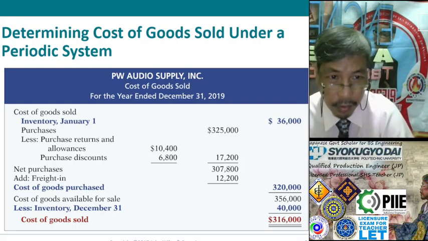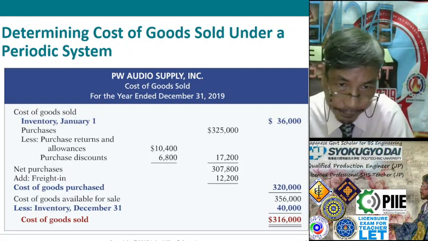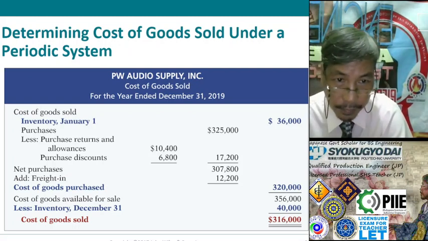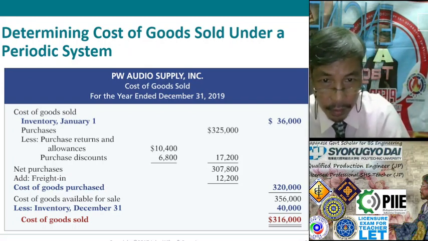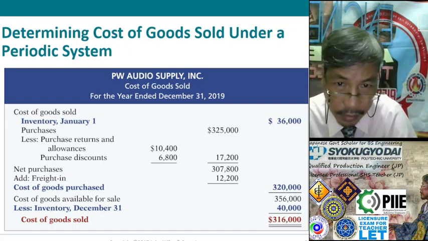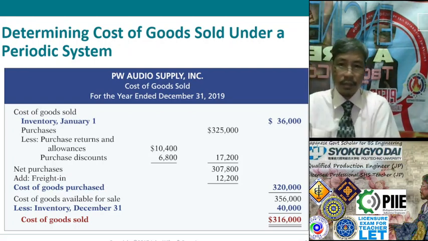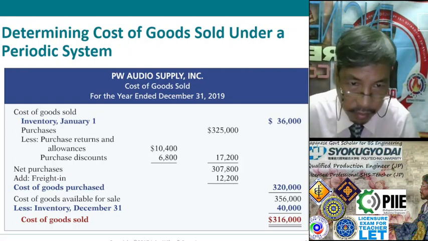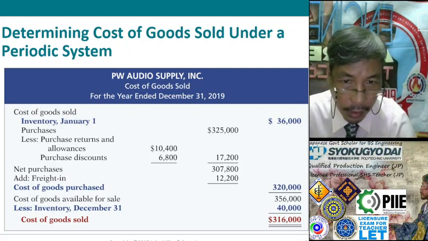And what about cost of goods purchased? That is net purchases plus freight in. Right? So how about net purchases? That is purchases less purchase returns, allowances, and purchase discount. So that is how it works.